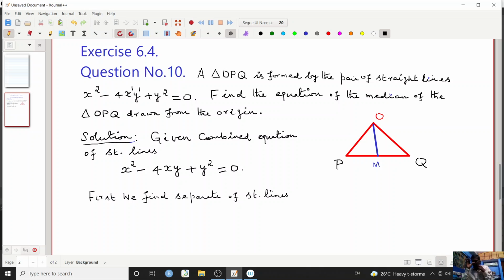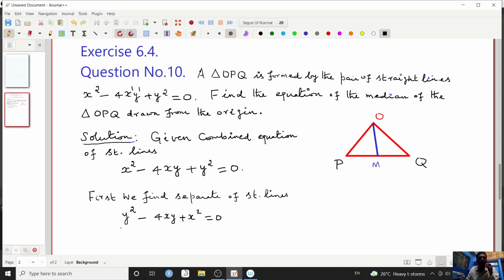Since it is homogeneous, we are going to write the equation as y square minus 4xy plus x square is equal to 0.